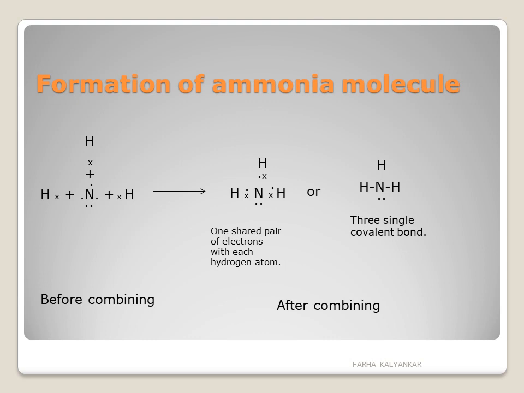In this formation of ammonia, I have three bond pairs of electrons and one lone pair of electrons. This lone pair of electrons is said to have an effect on the structure of polar compounds.